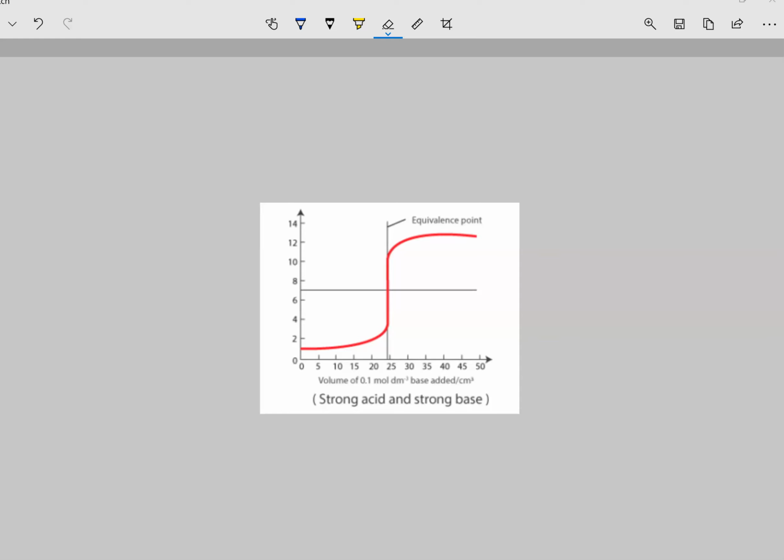So on this, I'm going to attempt to sketch what you might get if you have a strong acid and a weak base. So if I have a strong acid, it's going to start off looking the same. It's going to come up, but the weak base is going to give me much more of a curved line at the top.